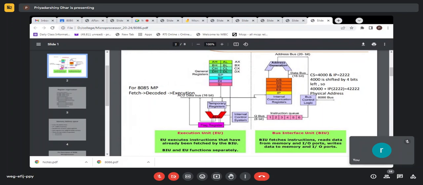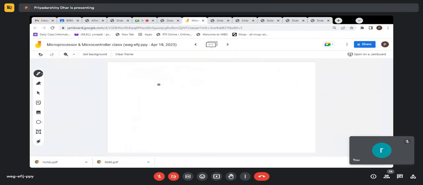Now write down one more thing. This is very important. Write down, then I will explain. For code segment, write down this is segment and this is offset.